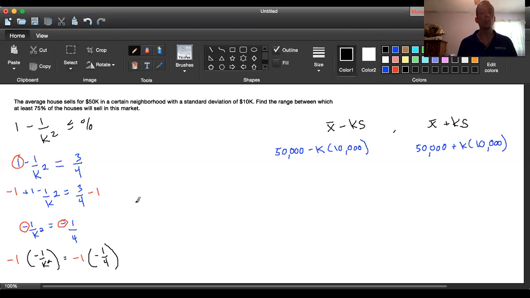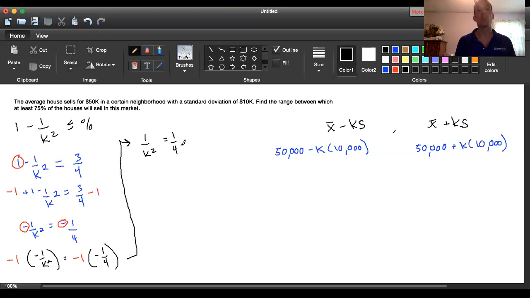Okay, once we have that done, on the left side the -1s both cancel, and so will the right side. So let's move this up higher on the screen where we have more room. We're going to end up with 1 over k squared equals 1/4. And now this is a much better version of the equation.